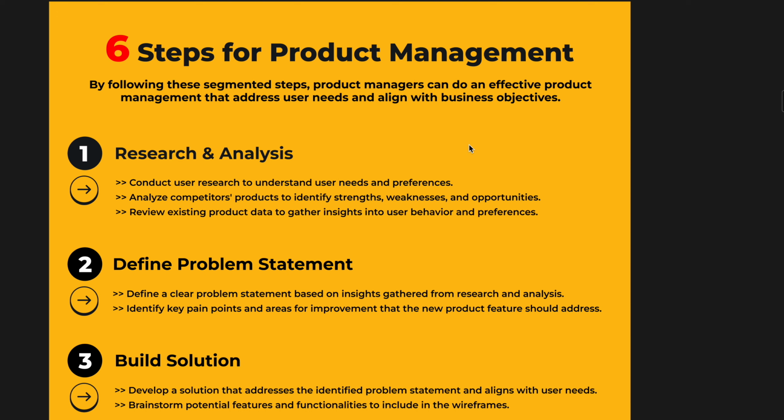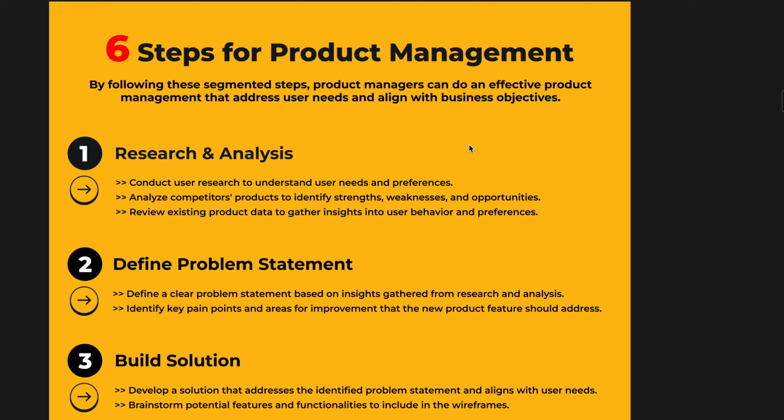So third would be building a solution, it could be a product in itself, it could be a product feature, but it will be a solution to your user's problem. First is develop a solution that addresses the identified problem statement and align with user needs.